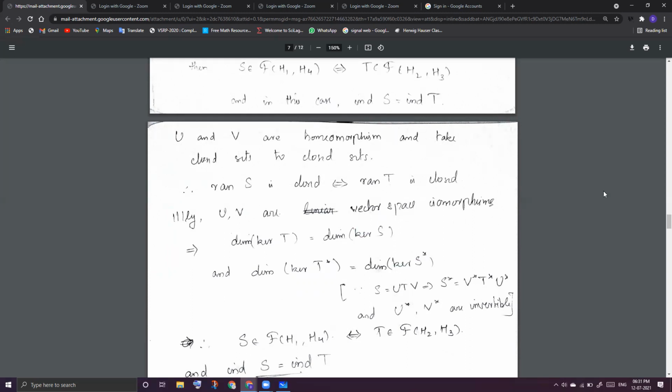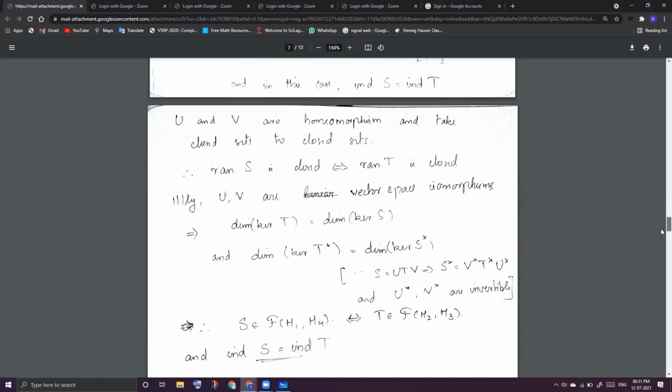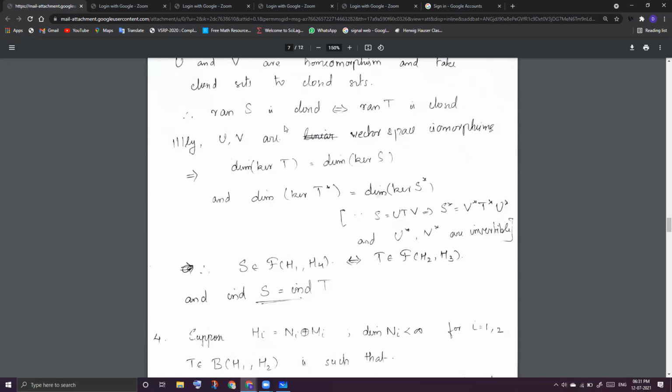And if one of them is Fredholm, both are Fredholm, and then indices will be the same because again, dimension of kernel of T is going to be the same as that of S, and dimension of kernel of T star is equal to dimension of kernel of S star. So their differences are going to be the same. So index of S is equal to index of T here.